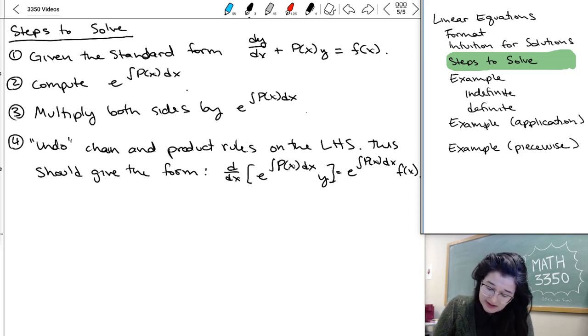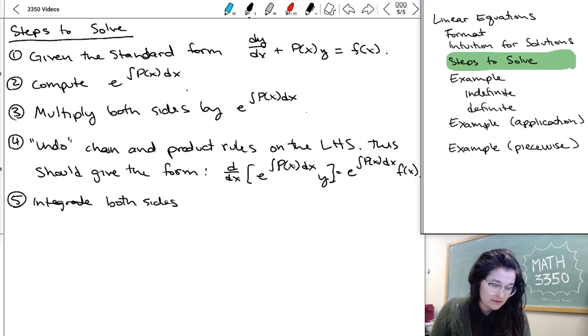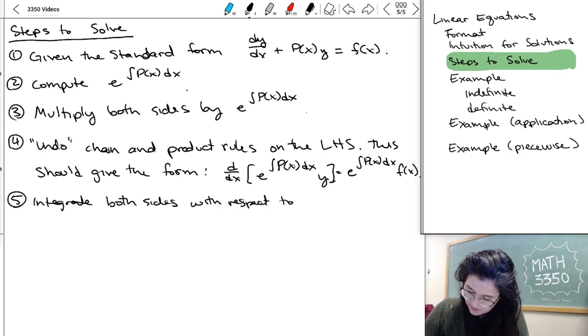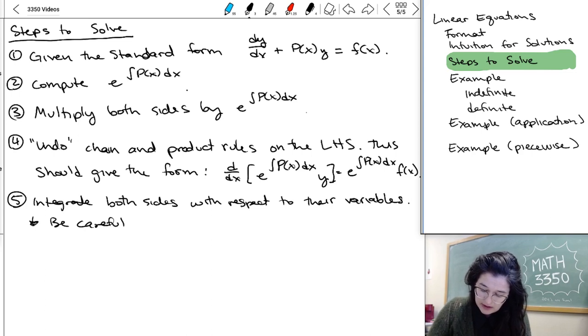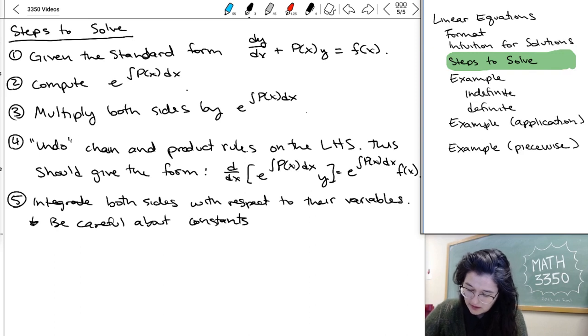But then after that, you're just going to go ahead and integrate both sides with respect to their variables. So the left side is always easier than the right side here. I do want you to remember that we need to be careful to include constants so that we can take care of our initial conditions.